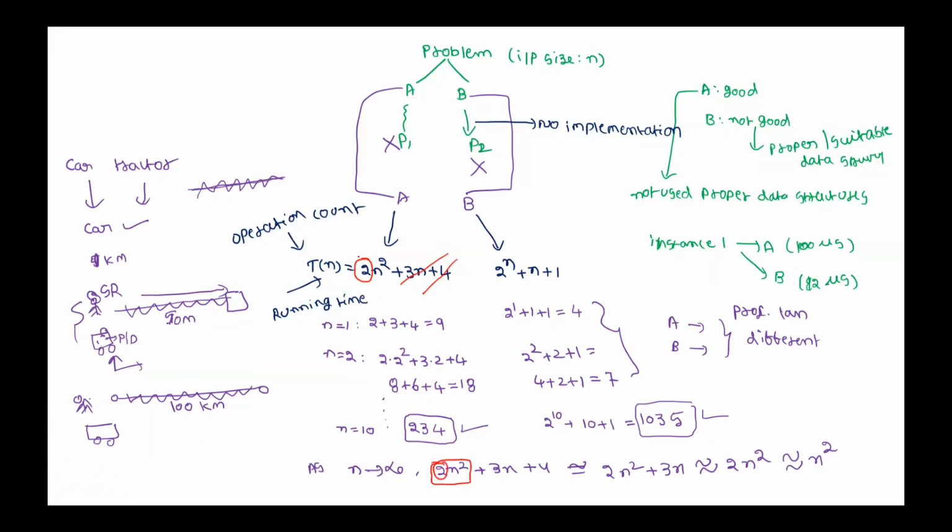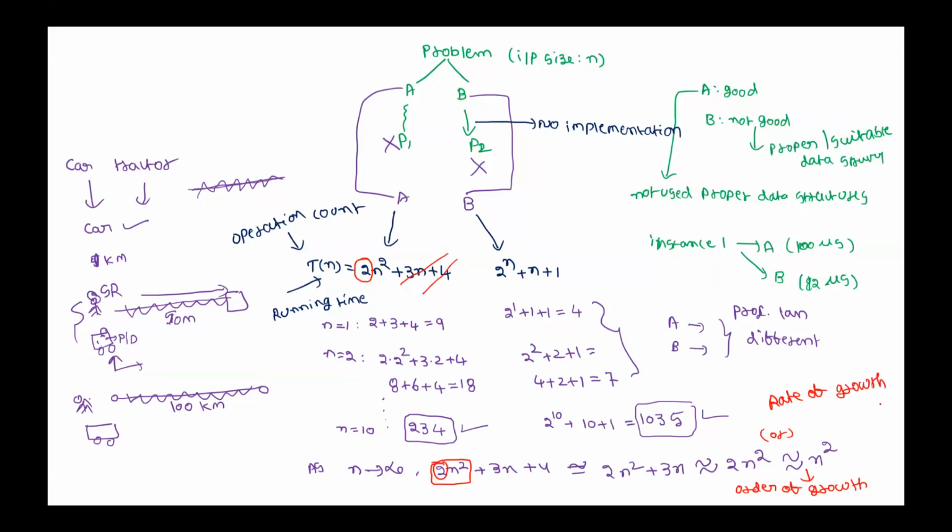So in the running time or operation count, we drop all lower order terms as well as the constant coefficient of the highest order term. Whatever remains, we call it the order of growth or rate of growth.